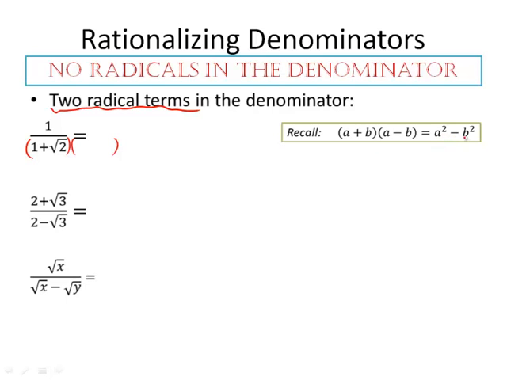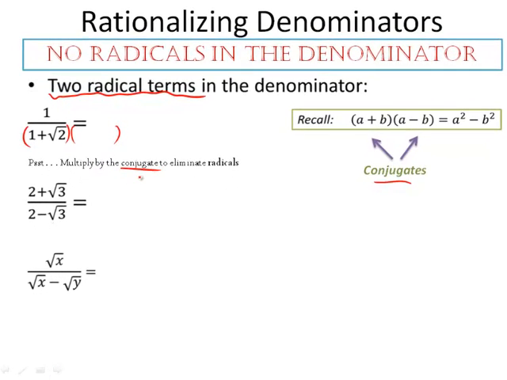A squared minus b squared was the expansion of an a plus b times an a minus b term. These 2 brackets here, the positive version and the negative version, are called conjugates. So, what you're doing here when you're simplifying, you're trying to multiply the denominator by its conjugate to eliminate any radicals.